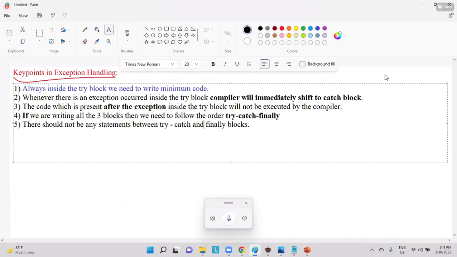Guys, I'm not saying inside the try block. Did you understand this statement?